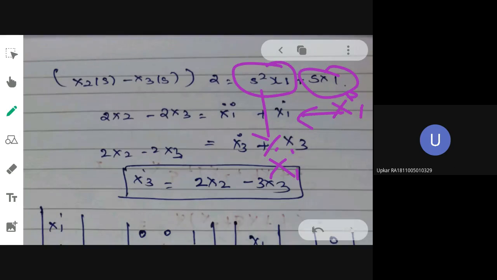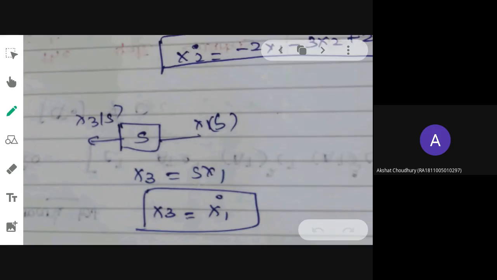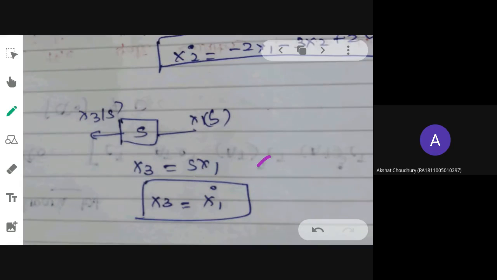Now, why have you replaced this x1 dot by x3? Tell me the answer. Ma'am, because from the second state equation, x1 dot was x3. Yes. Because of this block diagram that you are having, x1 dot is equal to x3.